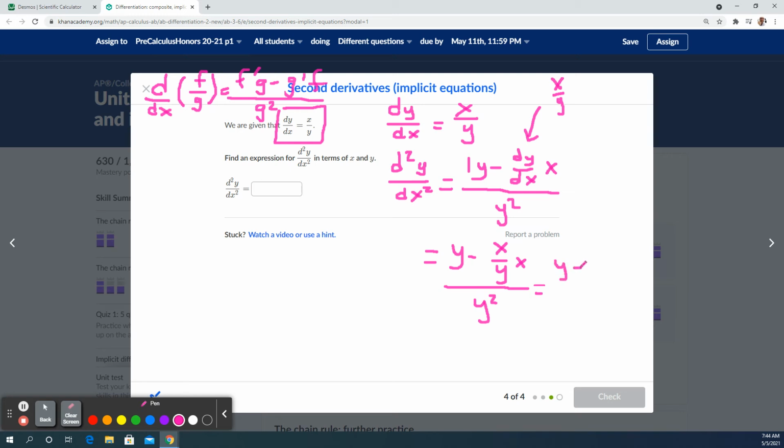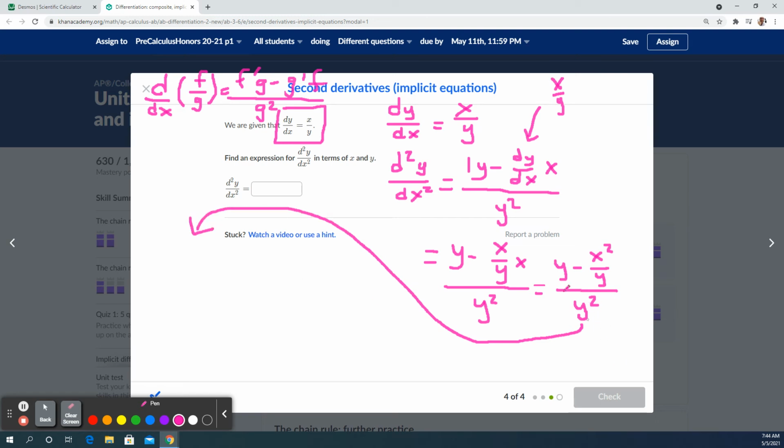So I got y minus x squared over y, all over y squared. How would I do this? I want to combine the tops first. I'm just going to go ahead and try it.